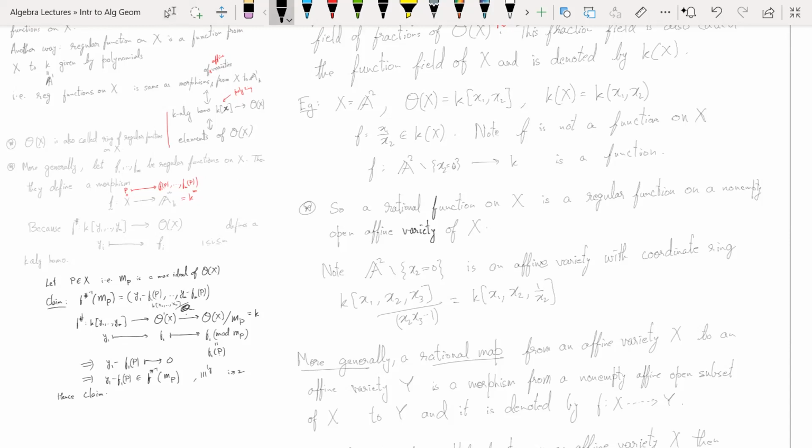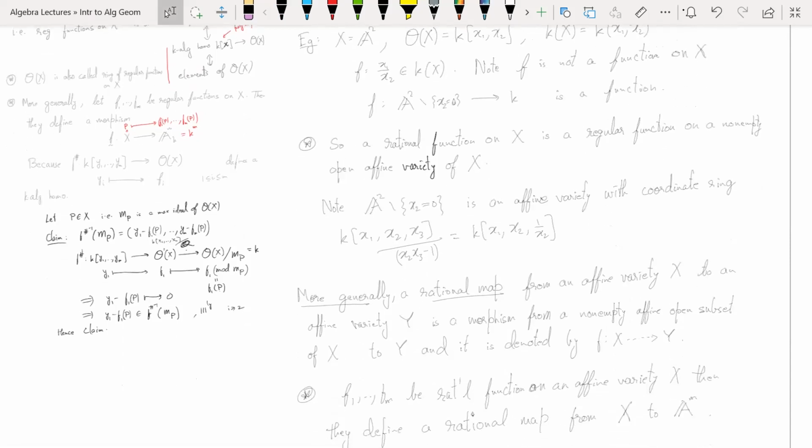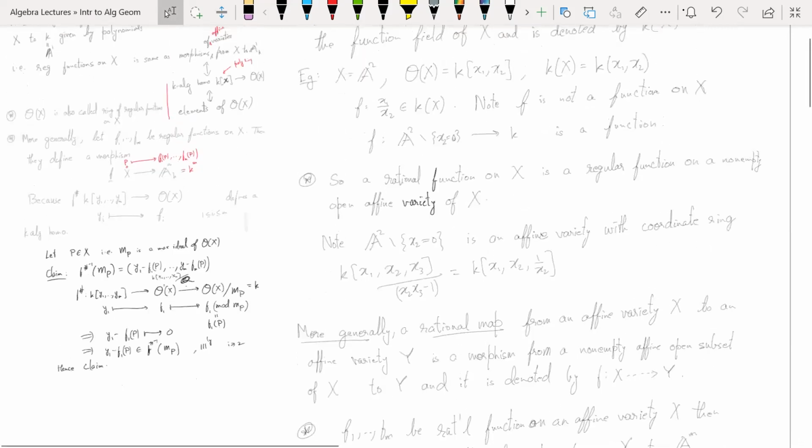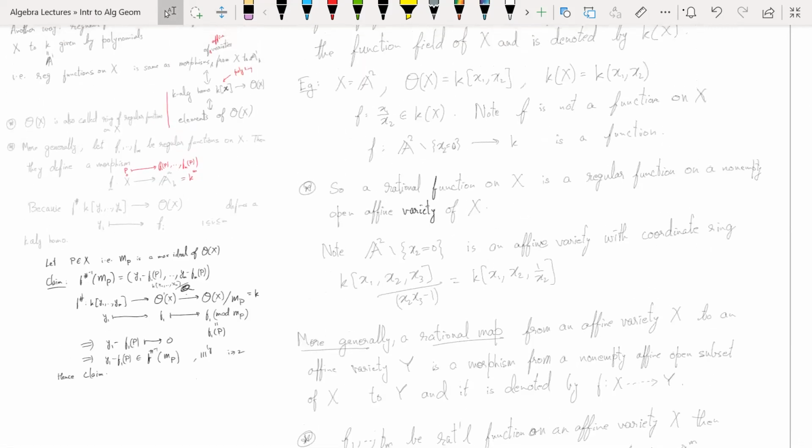And x2 x3 minus 1 is indeed a prime ideal; it's an irreducible element of this ring. We'll talk about this a little more rigorously maybe in the next lecture. But that's what rational functions are. It's a function defined on some non-empty open subset of X. Okay.